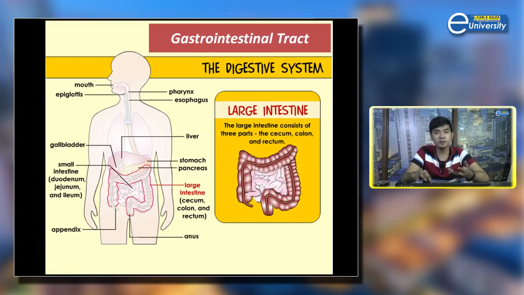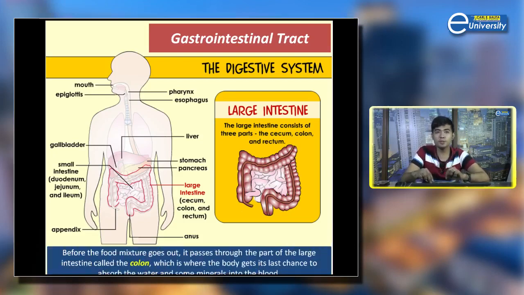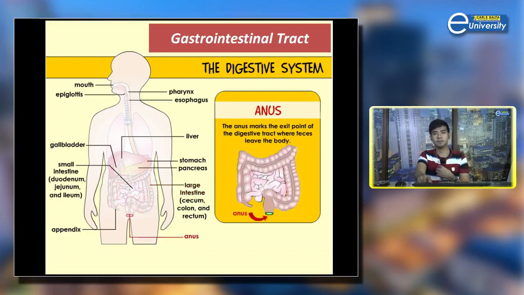When you have diarrhea, your feces will be watery or liquefied. That is due to the malfunctioning of the large intestine, which failed to absorb water. Before the food mixture goes out, it passes through the colon, which is where the body gets its last chance to absorb water and some minerals into the blood.